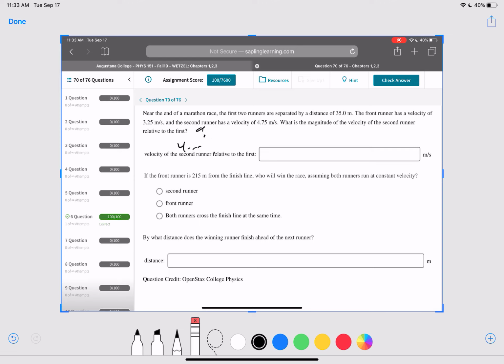If the front runner is 215 meters from the finish line, who will win the race, assuming both runners run at constant velocity? So you're going to solve for the time. 3.25 meters per second times time equals 215 meters, and 4.75 meters per second times time is equal to 215 plus 35 meters.